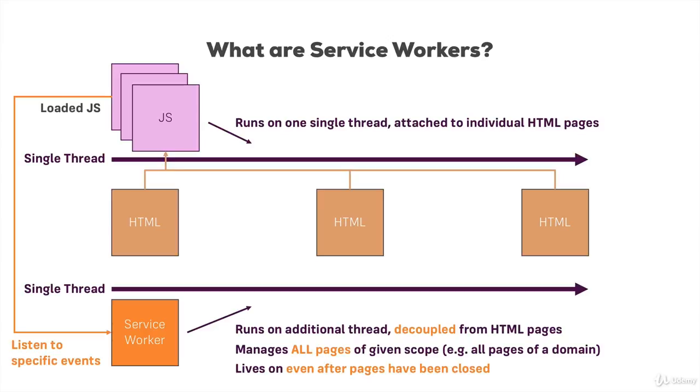They sit there in the background and they do nothing, but they can react to all kinds of incoming events and then do something. Like, for example, return a cached asset or show a notification to the user. And you will see all these things throughout the course. So that are service workers. Background processes attached to entire application instead of a single page, and all about events. Let's have a look at which kind of events a service worker typically reacts to.